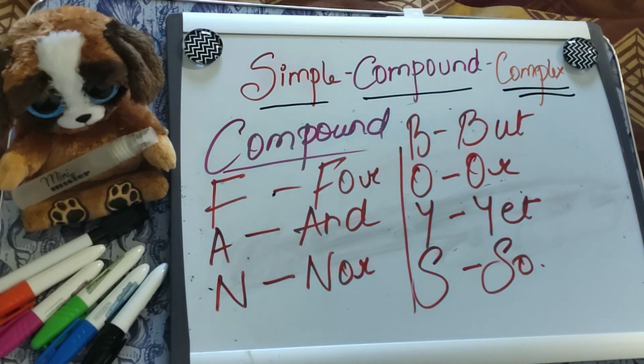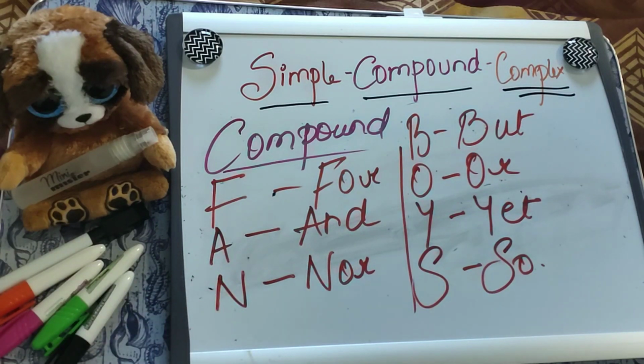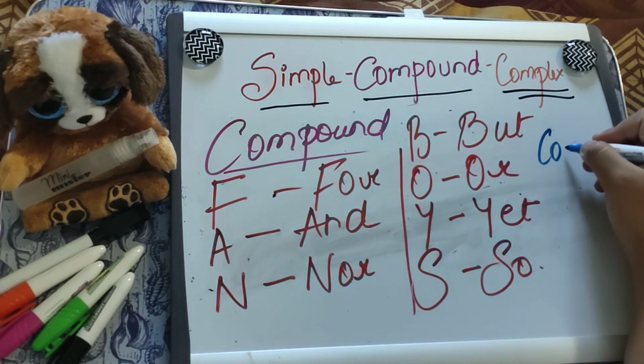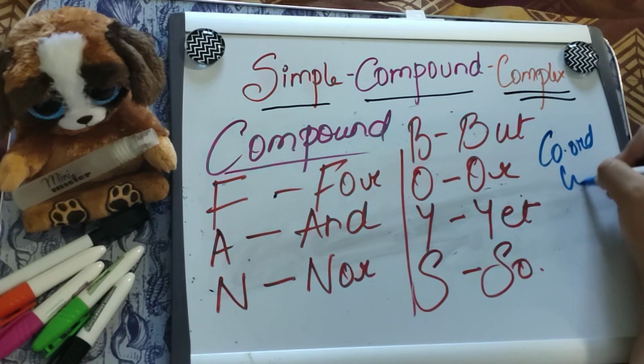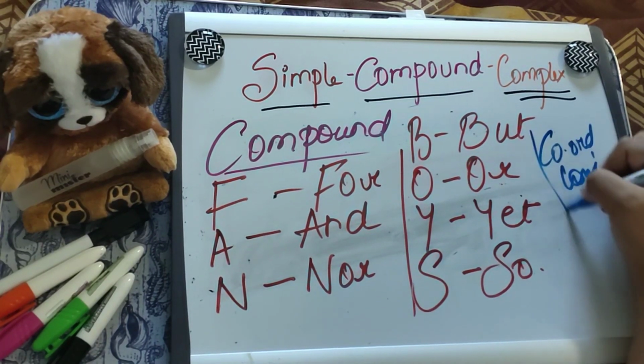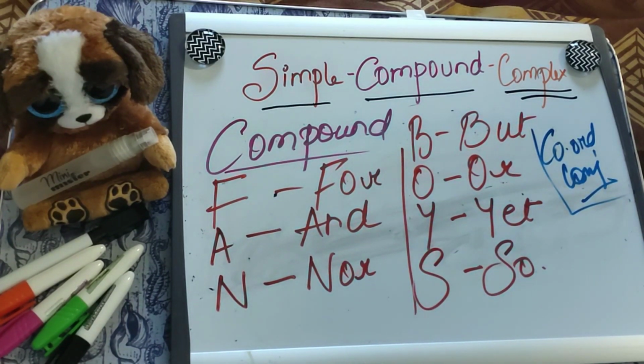So, in order to make a compound sentence, you can show the form of coordinating conjunctions. Let me just put the short form, coordinating conjunctions, in order to create compound sentences, and you can use FANBOYS, the formula or the abbreviation which you know.